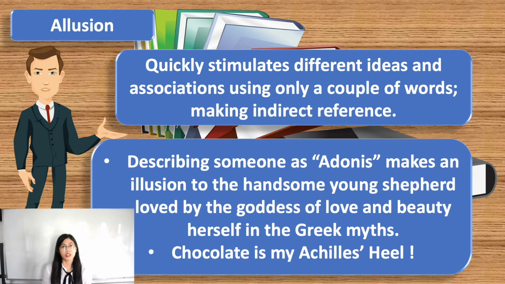Another example, chocolate is my Achilles heel. Achilles heel in Greek mythology pertains to Achilles' weakest spot. When used in the example, it only means that this is the speaker's weakness.